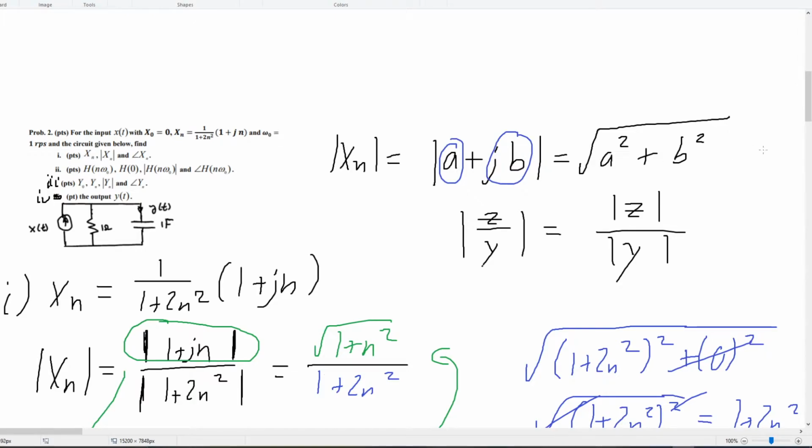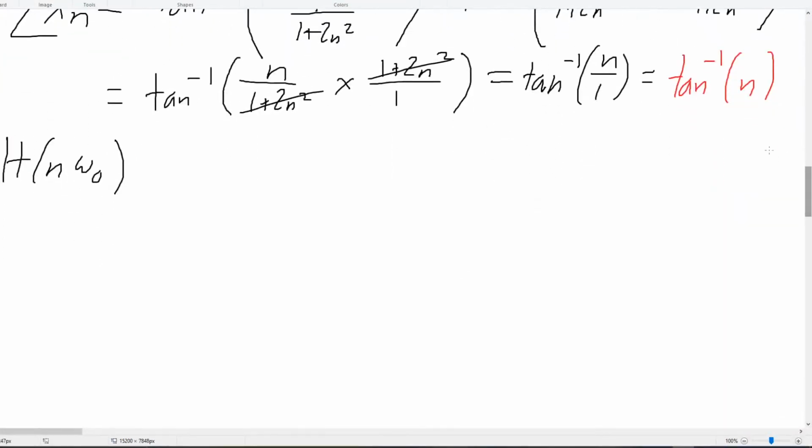So omega 0 is equal to 1. That means this H(n times 1) is just equal to H(n). So I'm going to be writing H(n) for the rest of this. But if he gives you a different value of omega 0, then just write whatever value he gives you on the quiz. So if omega 0 is pi, then write pi, H(pi n), or H(n pi), whichever.